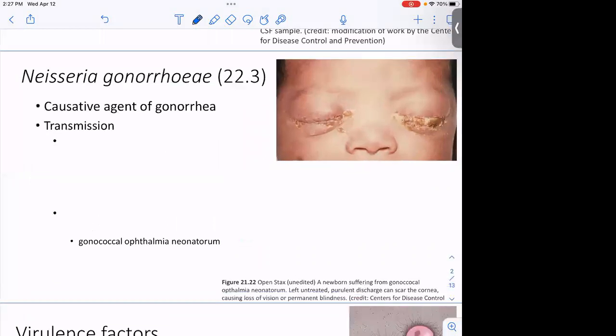so you'll find this pathogen in the section in your book that talks about bacterial infections of the urogenital tract. Okay, and this is a true pathogen. It has a very low infectious dose. It doesn't matter how healthy you are, you can get it. The transmission of it, this is a sexually transmitted infection.